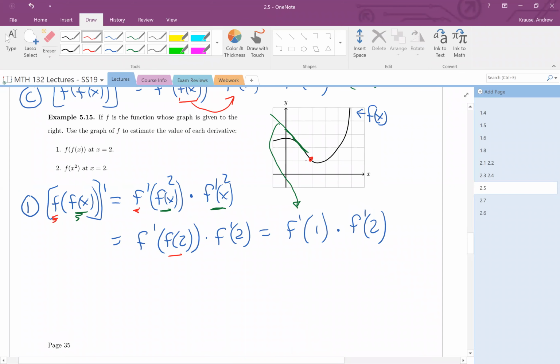And then we also want to find the slope at 2. And that slope is going to be f prime of 2. Now they look like they're pretty similar, and that's just because this graph happens to be such that they're pretty close. It wouldn't necessarily have to be the case.